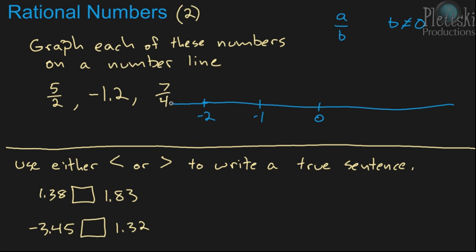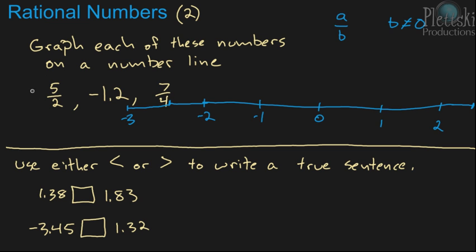Let's make it a little bit longer, and let's go a little farther, negative 3. And then on this side, we have a positive 1 and a positive 2. And that'll be about 2.5.